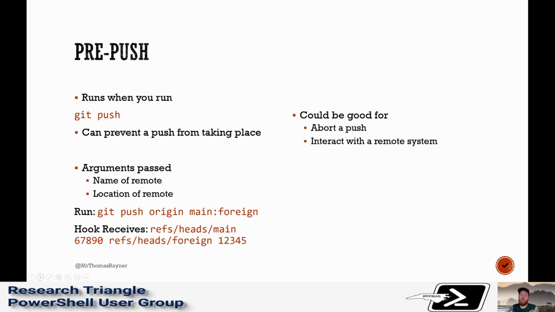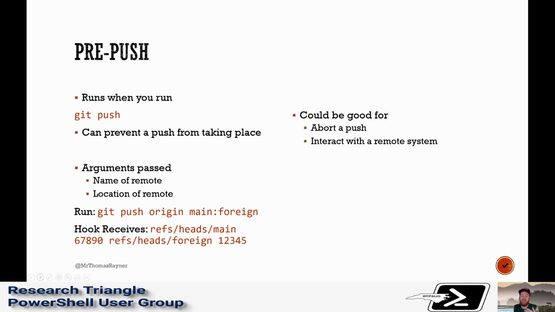Because if you're like me, I've got repos for work, I've got repos for personal, I've got repos for community projects. Some of them live on GitHub, some of them live in Azure DevOps, some of them live in a different Azure DevOps, and I've got my config set up so that my usernames and my display names are different based on which organization I'm pushing to.